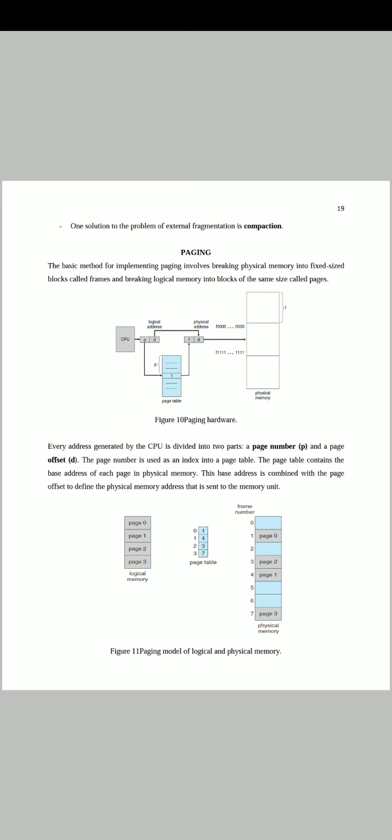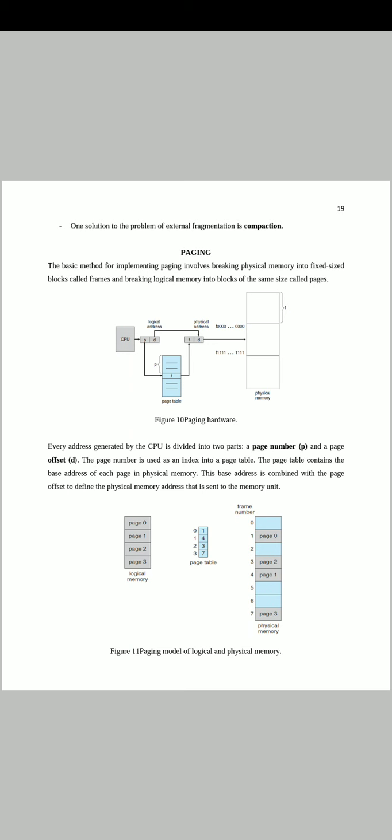That is your physical address. The page number is used as an index into a page table. The page table contains the base address of each page number in physical memory.